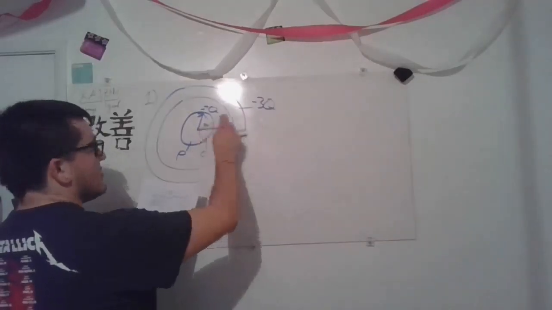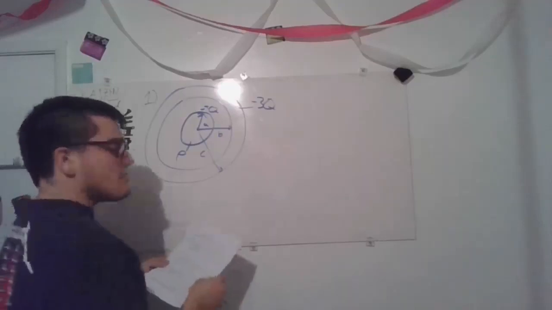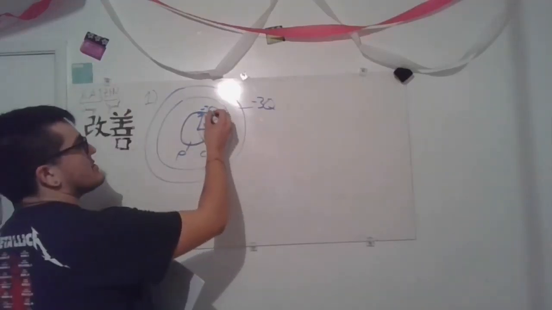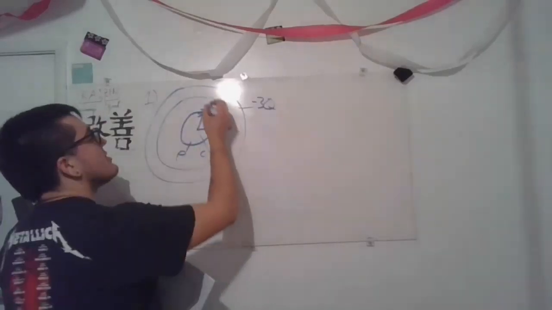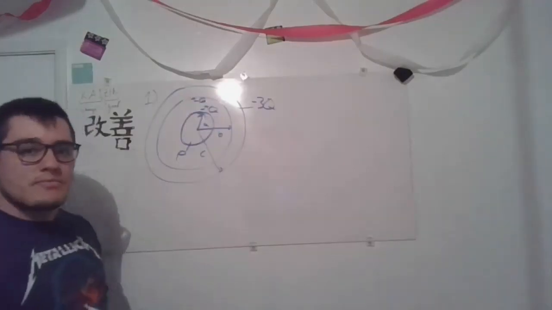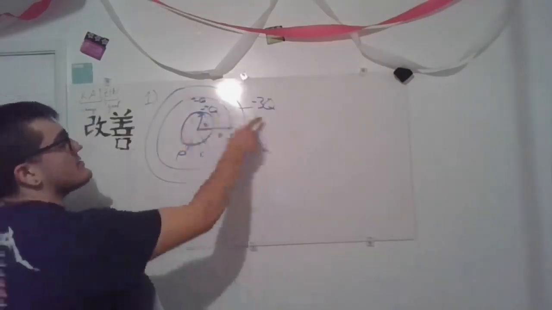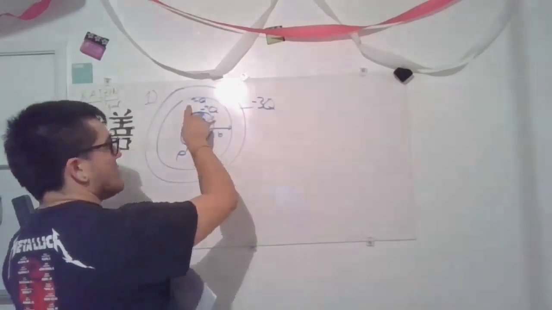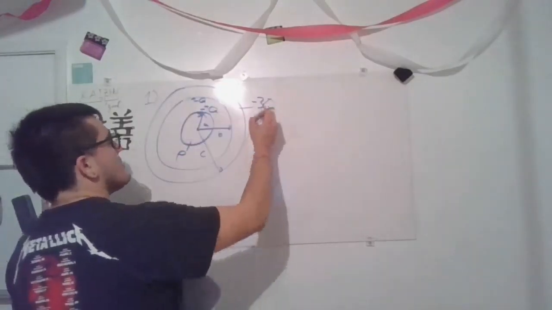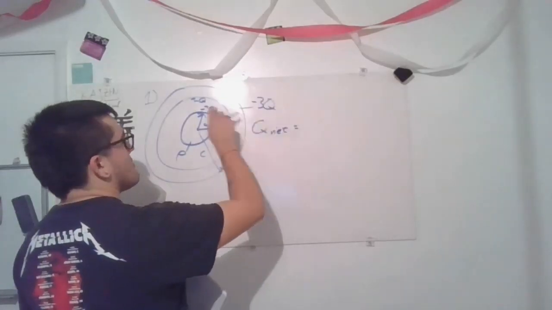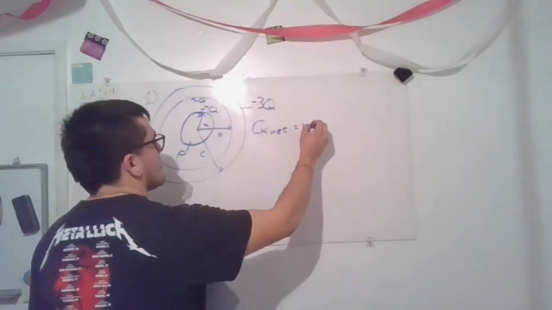And this has Q, but we don't know what this has, so we'll have to figure that out. First things first, if this has charge plus Q, then by induction this inner surface should have negative Q, right? So if the outer surface has negative 3Q and the inner surface has negative Q, then the net charge must be negative 3Q plus negative Q, negative 4Q.